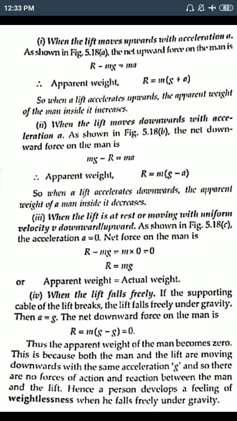So the net downward force on the man is 0, because a equals g. In the second equation, if you put g in place of a, you get the net downward force acting on the man as 0. Thus the apparent weight of the man becomes 0.